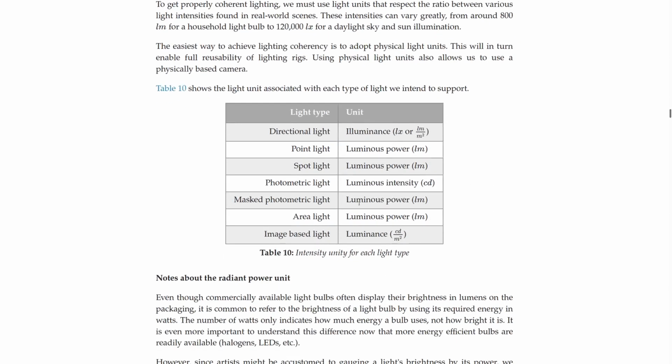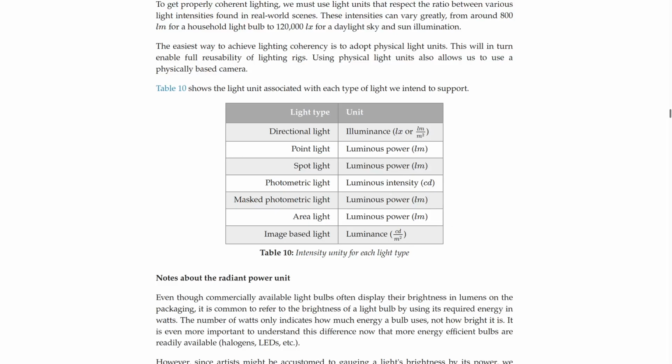We've got masked photometric light. Okay, that actually maybe makes sense. So it's a projector that still diverges. It's not a directional light, but not really a point light either. Because a directional light would have no divergence, all the rays being parallel.